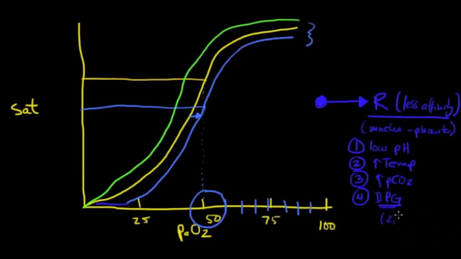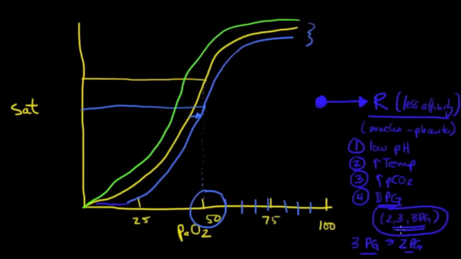Another thing that shifts it to the right is a molecule called DPG, diphosphoglycerate, otherwise known as 2,3-BPG or bisphosphoglycerate. This, as you may recall, is an intermediate of glycolysis, and this is where 3-phosphoglycerate goes to 2-phosphoglycerate. That's an important step in glycolysis because as that happens, you have a buildup of 2,3-BPG, which is, by the way, seen elevated in pregnancy.